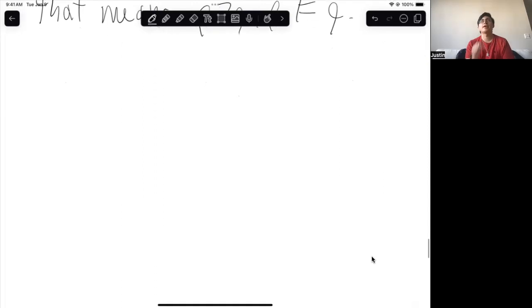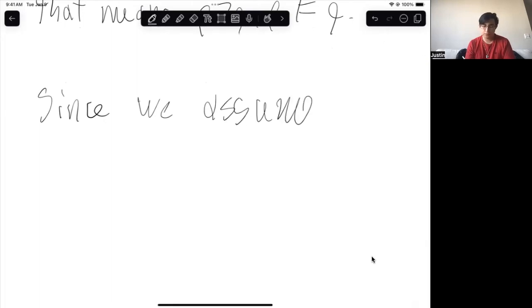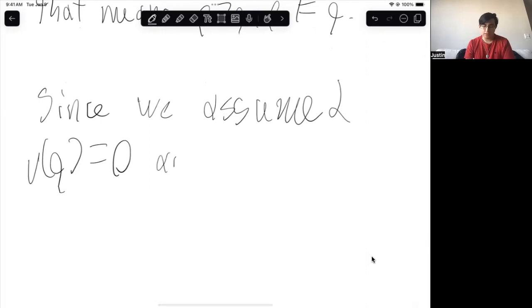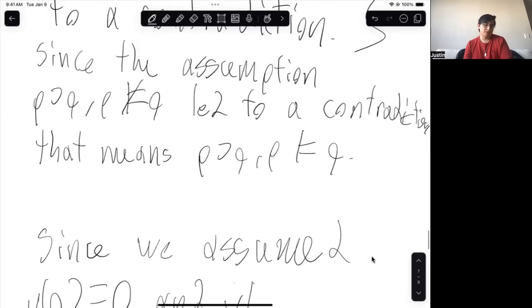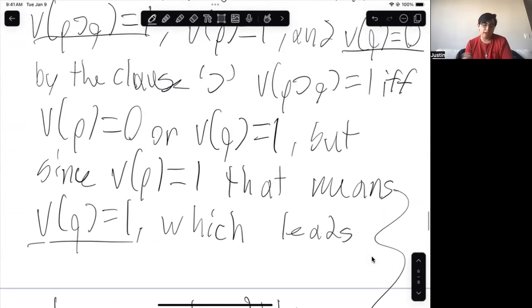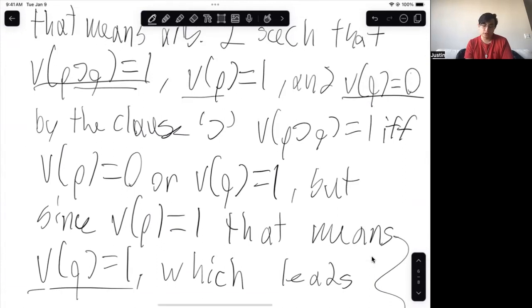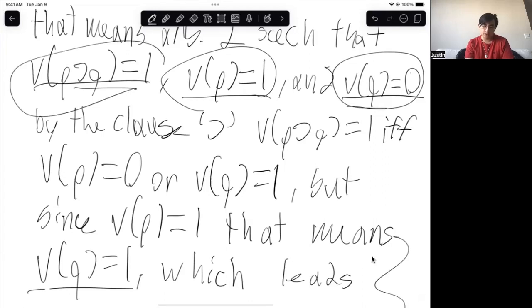What I mean by that is, in the actual semantic proof, I should have written something like: since we assumed the value of Q to be false, and the value of P... basically what I'm saying is, write out how we said this is true and this is true, but then this can't be false if both of these two are true.